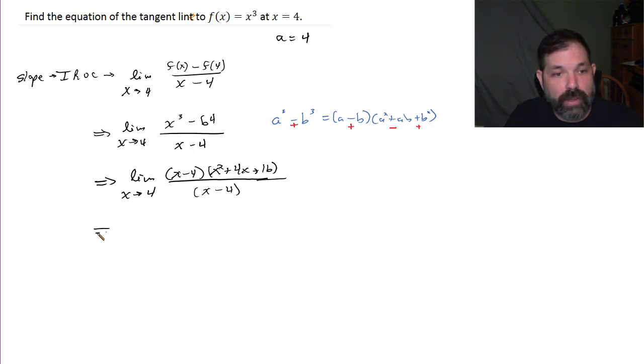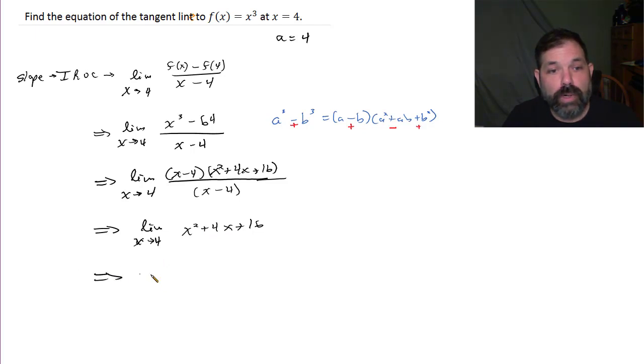Removing the common factor of x minus 4, I have the limit with x approaching 4 of x squared plus 4x plus 16. And this is now just a polynomial function that's easy enough to work with. So that's 16 plus 16 plus 16, that's 48. So the slope of the tangent line is 48.